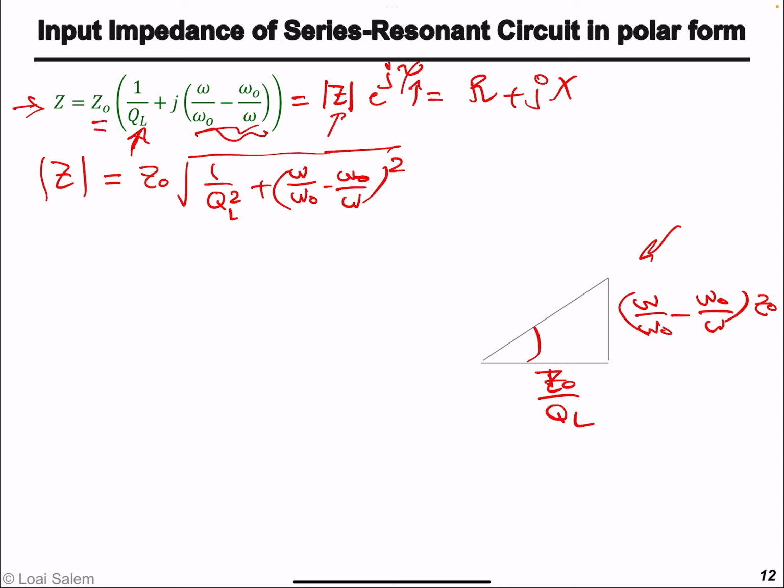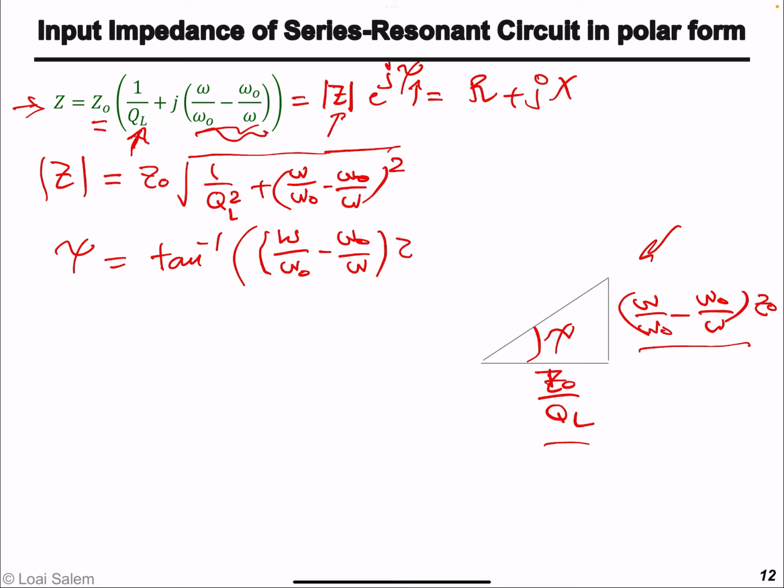So the angle psi is given by arctan of y divided by x, so we have omega divided by omega naught minus omega naught divided by omega, multiplied by Z naught, and then divided by the x dimension, Z naught divided by QL.